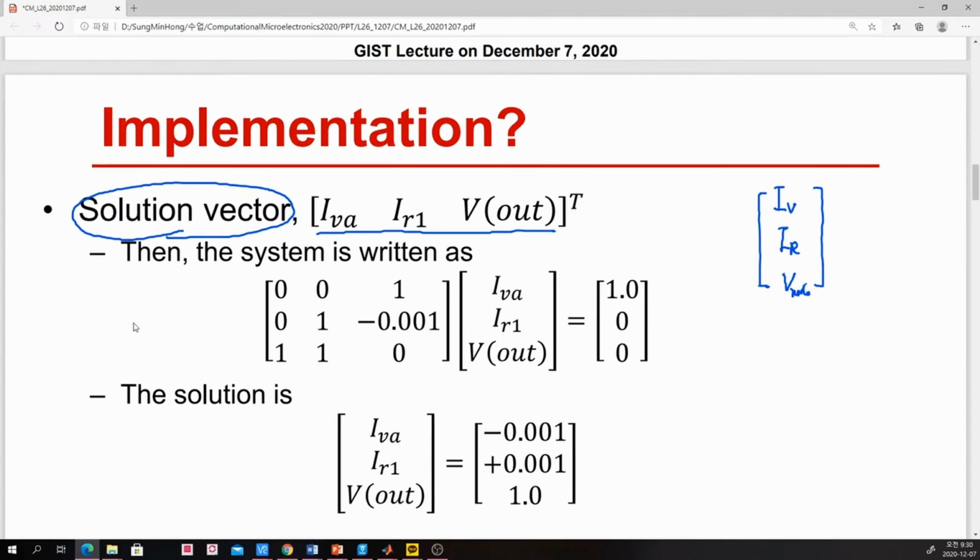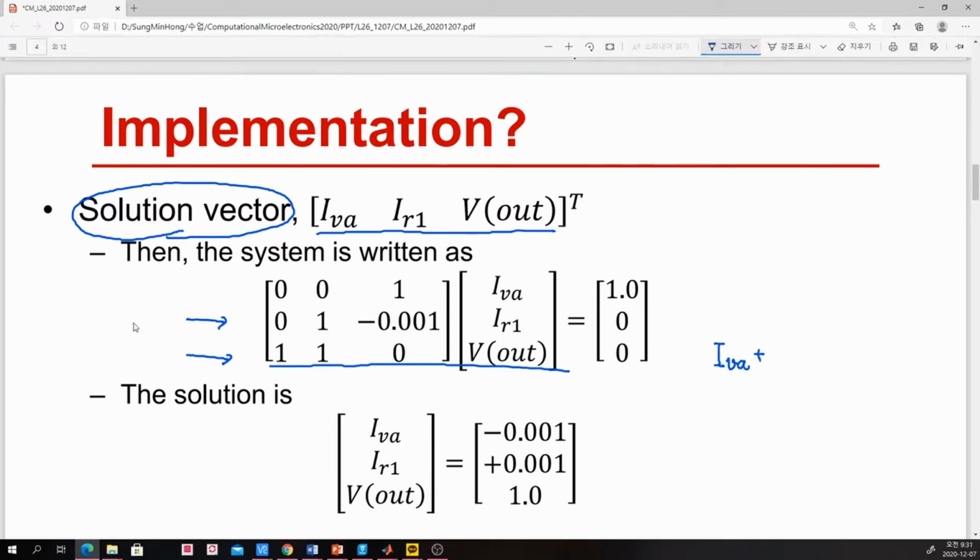Then when you write it down, it looks like this. Let's read it together in English. In the last row, you can see that this reads as IVA plus IR1 equal to 0. So what is it?